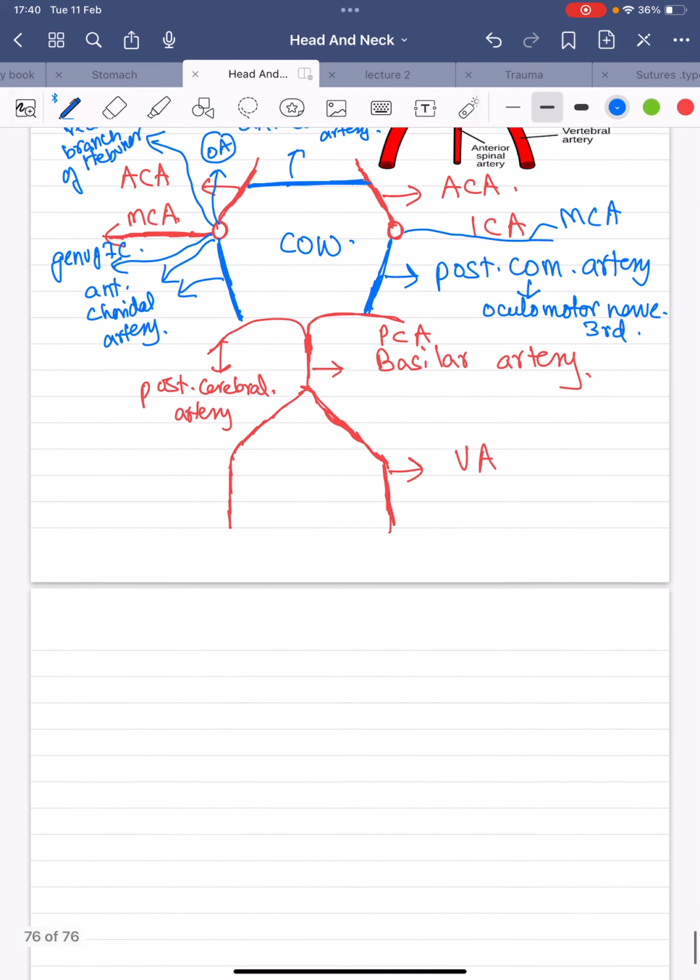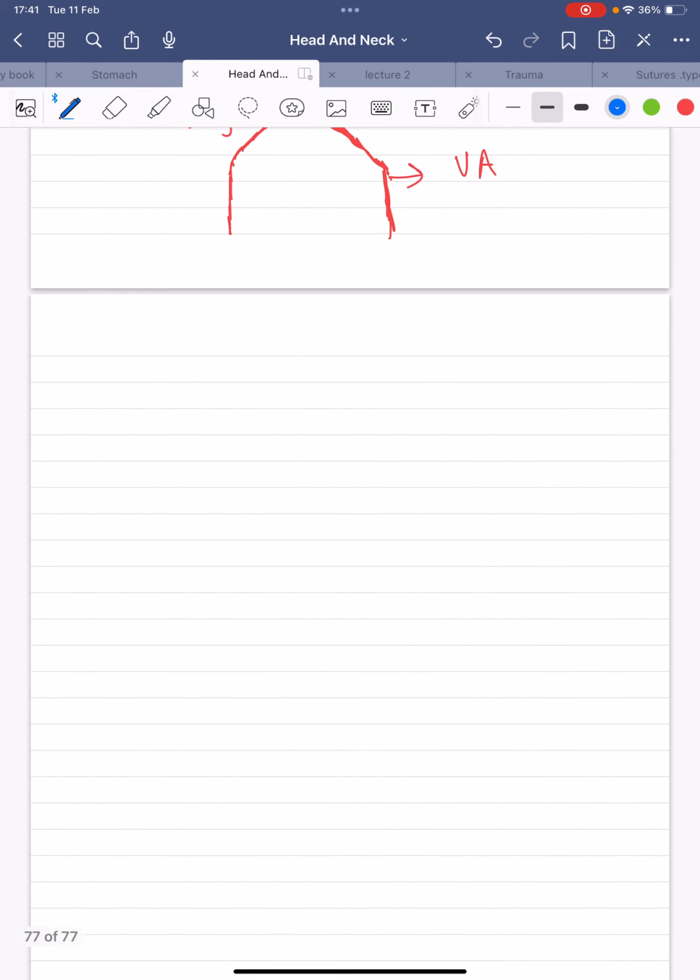So see here, if I draw the internal capsule like this. So this is the internal capsule now. Please remember, it has two surfaces.